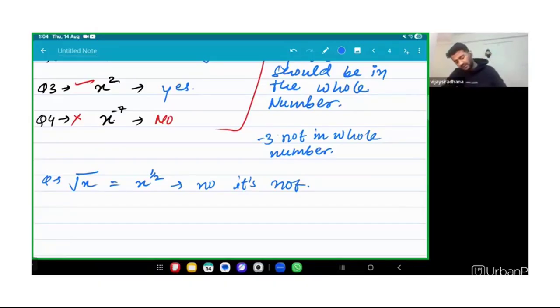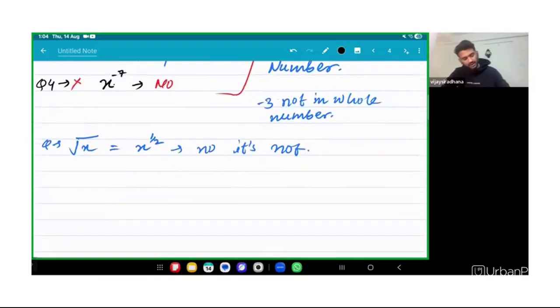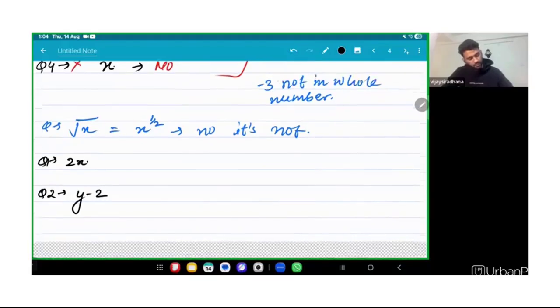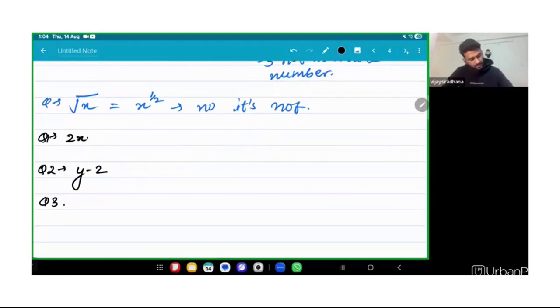Now, with this, you can also try the other questions, like 2x, question number 2, y - 2, question number 3, 5a to the power of -1, b to the power of -3, question number 4, 2x square plus 5x plus 50.